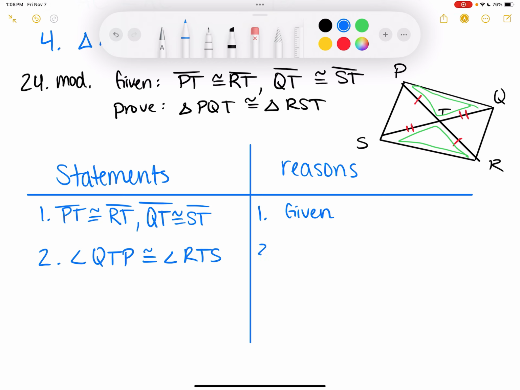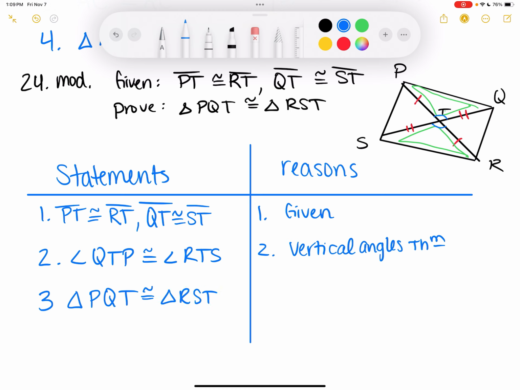And that is by the vertical angles theorem. And so then, now I know that this angle is congruent to this angle. And so, I can now say that my 2 triangles are congruent. So triangle PQT is congruent to triangle RST by side angle side.